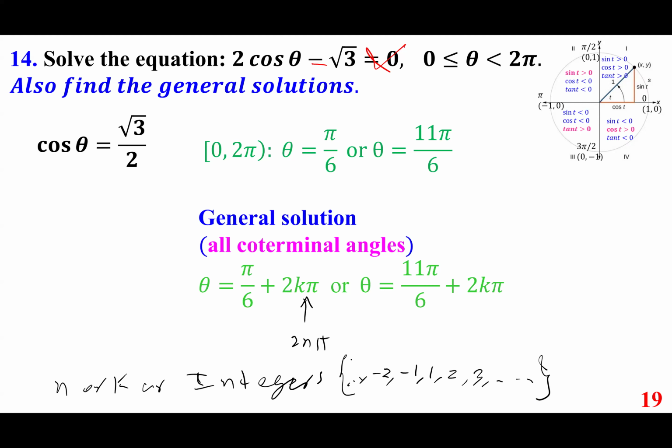That's the meaning of it. So pretty straightforward, everybody.